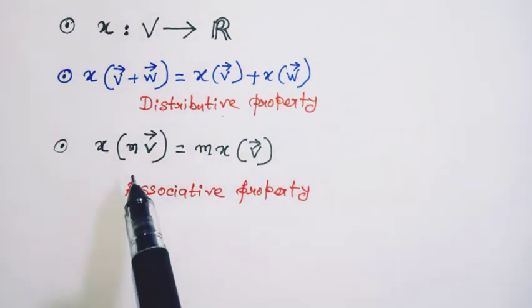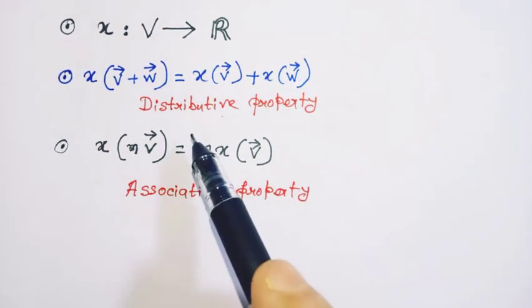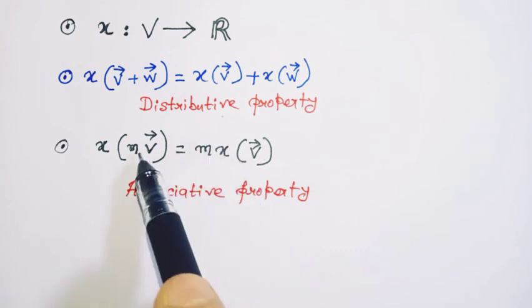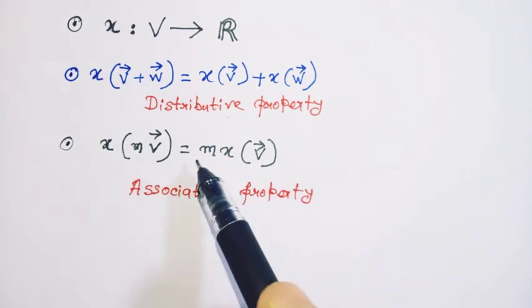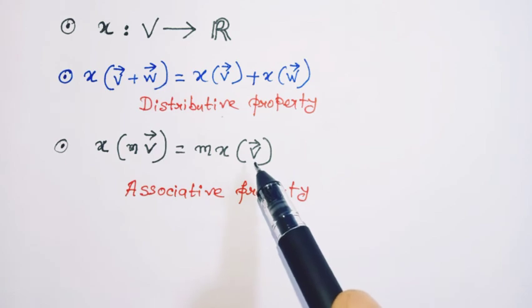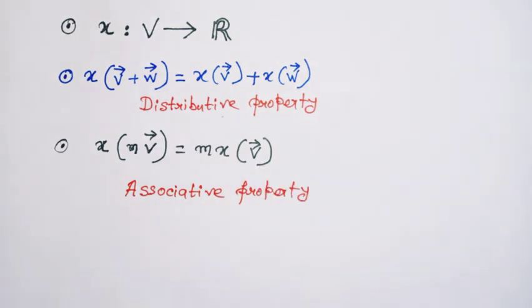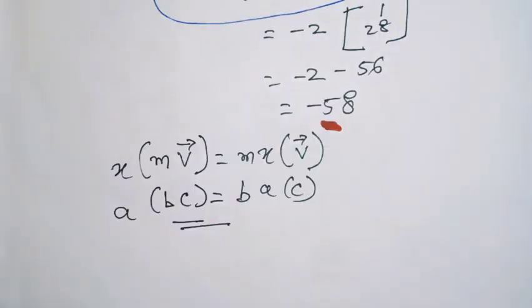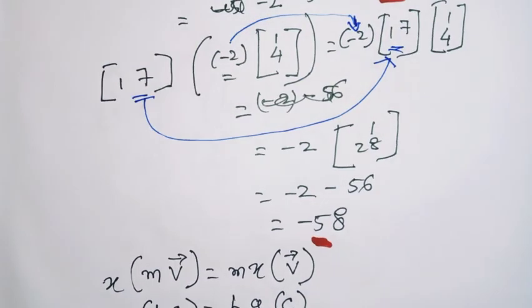Number 3 is that when we are multiplying, we are scaling these vectors, inputs or outputs, we are getting the same results. x mv is also equal to mx by v, so it follows the associative property. Just to show you how we did that, this is the way in which we did.